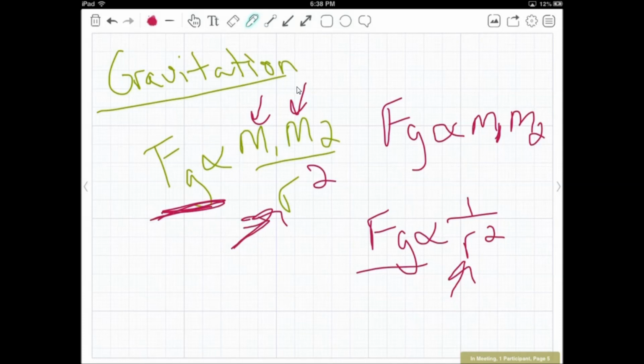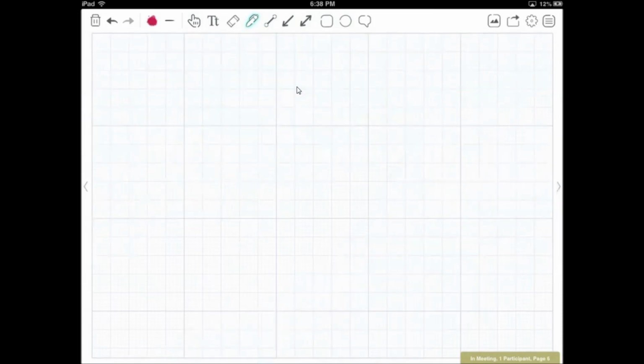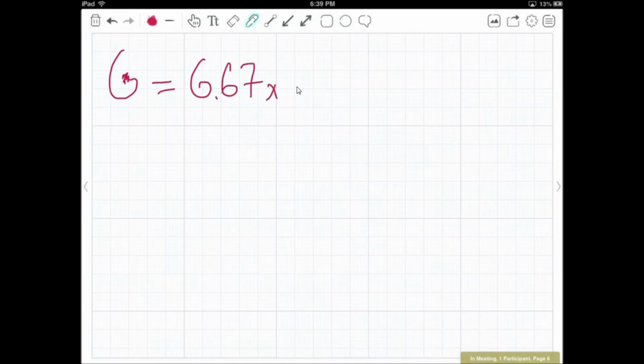So what he assumed is there had to be some sort of constant, we're going to call it C, sticking out here. Some number that adjusts for the way we measure things in meters or kilograms or whatever. And so he found out this constant, which we label with a capital G. This is the gravitational constant. This constant is equal to 6.67 times 10 to the negative 11, and I always forget the units.